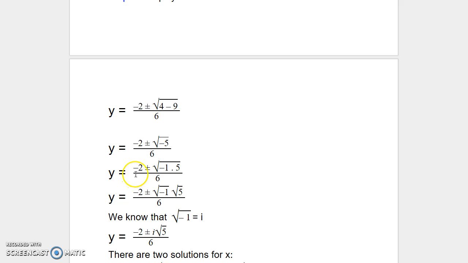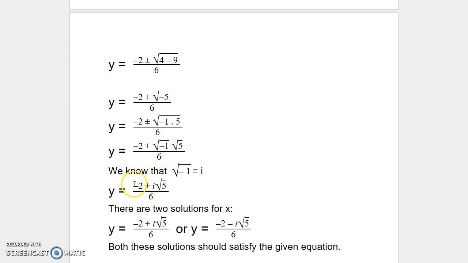So we have negative 2 plus or minus the square root of negative 5, which we can write as the square root of negative 1 times 5. So in the next step, as you can see, I can write this as square root of negative 1 times square root of 5, because we know that we can write square root of negative 1 as i, and therefore we can rewrite this solution as negative 2 plus or minus i square root of 5 divided by 6.